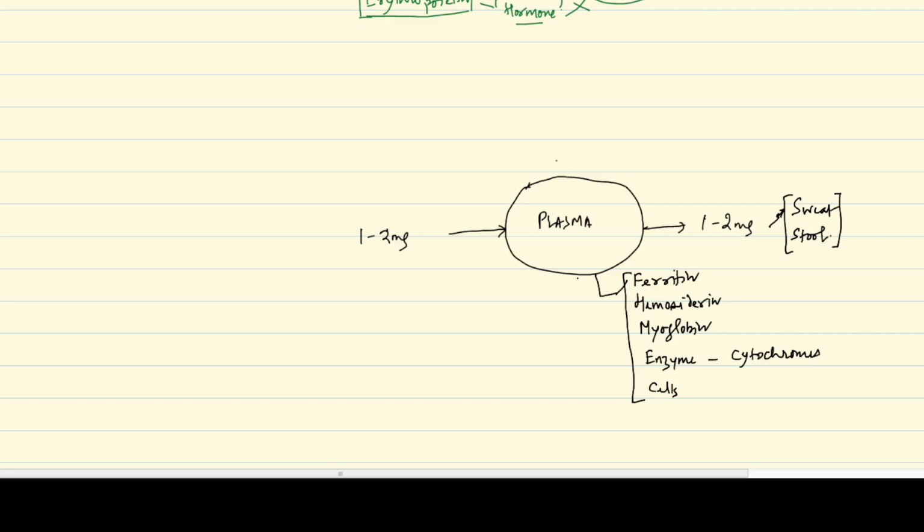Okay, so in the plasma. Plasma forms part of the blood, and in the blood we know that there are erythrocytes. Erythrocytes are formed in the bone marrow. Many of these erythrocytes pass through the spleen many times, and they get deformed.